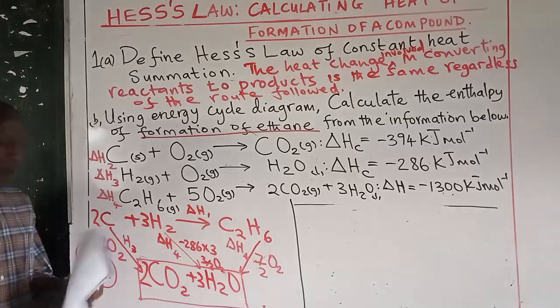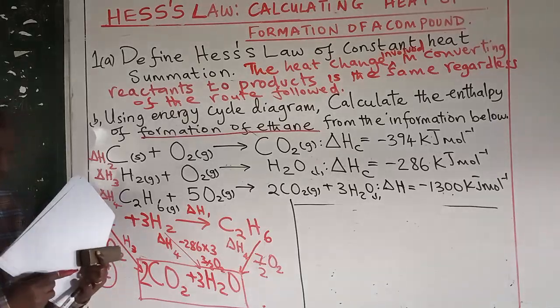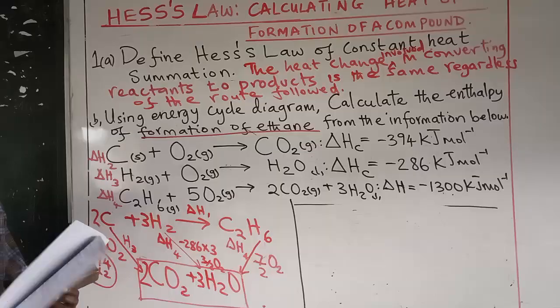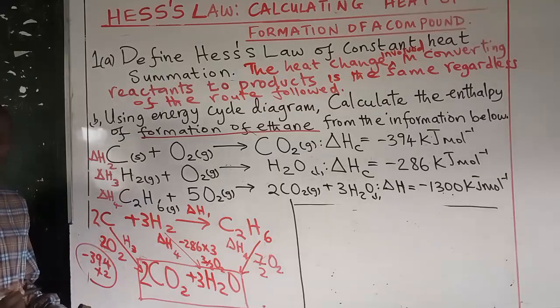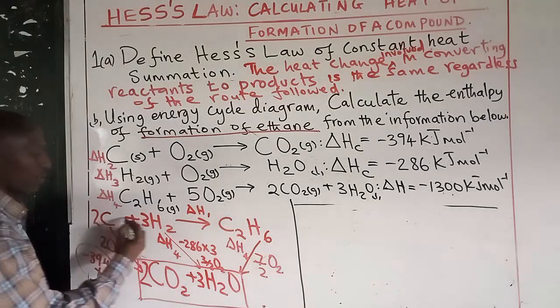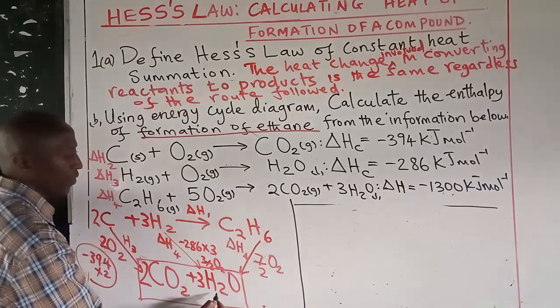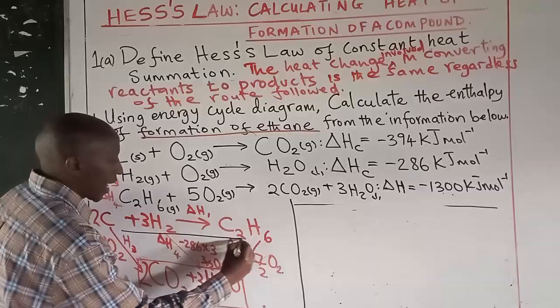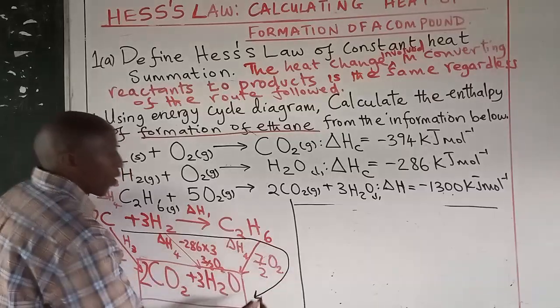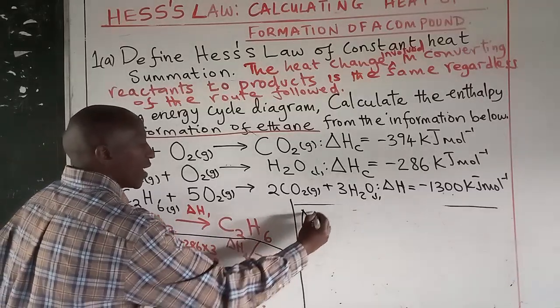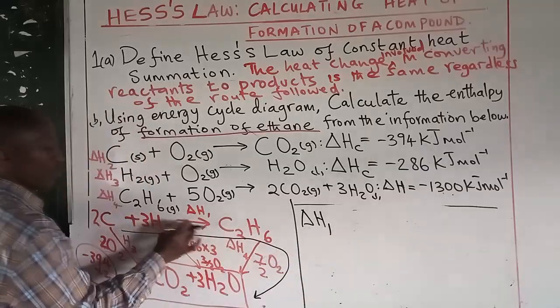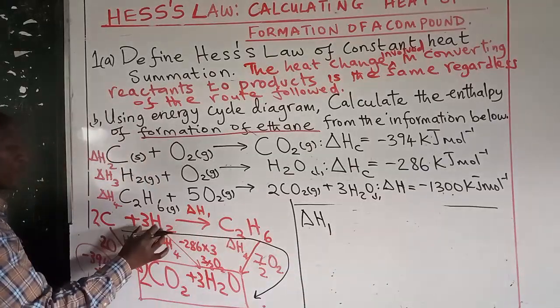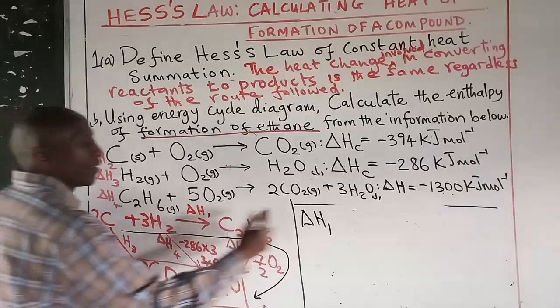So, going by our earlier reasoning, we are able to see that we have 2 routes. The first route follows this path, whereby we have delta H1, converting carbon and hydrogen to ethane.